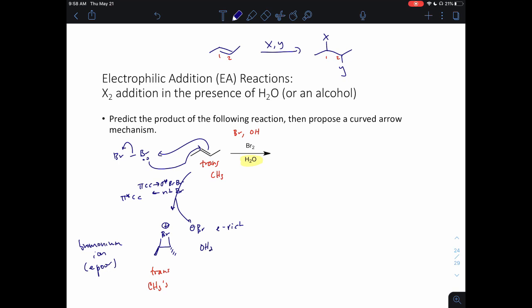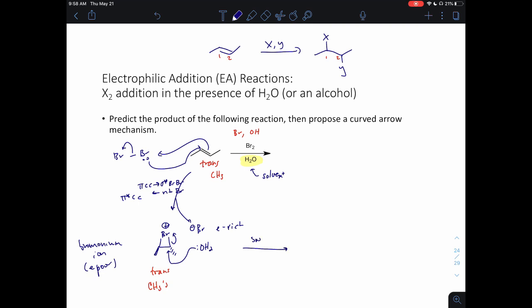But also you could think about what do you just have more of? And there's way more of water. It's a solvent or a component of the solvent. So there's tons of water. So water opens up the bromonium ion, and it opens it up in an SN2, just like we've observed before.